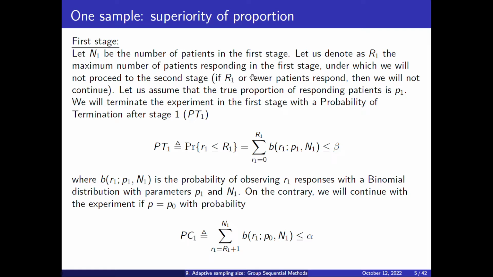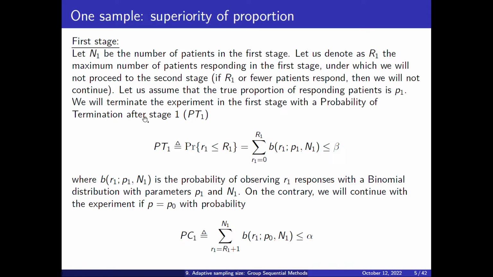And if we don't have more than R1 responders, then we don't go into the second stage. Okay, so let's say that the true proportion of responding patients is P1. P1 is the one 25%, so the high one, the one at which we want to have the statistical power.